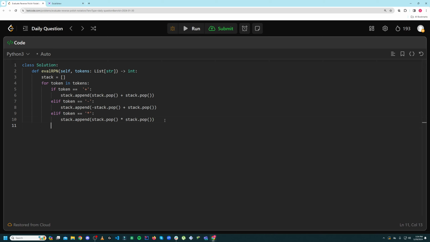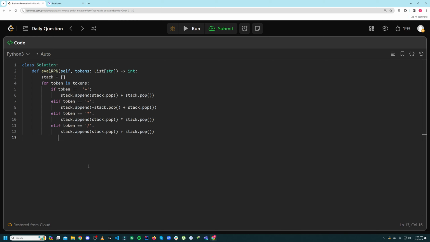Then we have the divide. So for divide, once again, you want to take the first number you pop. So let's say you have 4 and 5. The first number you pop is going to be 5. So you want to take the second number you pop divided by the first number you pop.